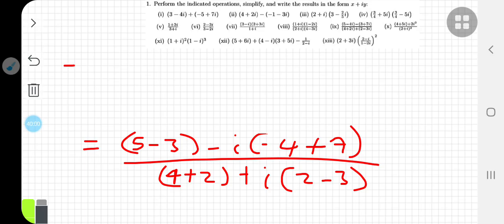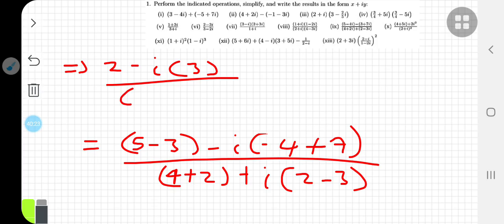From here, we know that it just gives us 2 minus i there. Then inside the bracket, I'm going to have 3 over, down there I'm going to have 6 plus i there, and in the bracket I'm going to have negative 1.